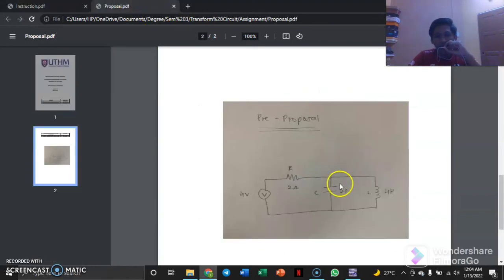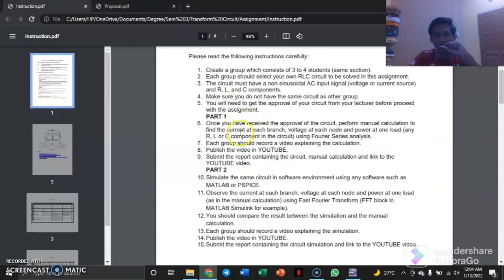So this is our proposal and our circuit that have been approved by our lecturer. So after we create a circuit, what we need to do is find the current at each branch, the voltage at each node, and the power at one of the load.